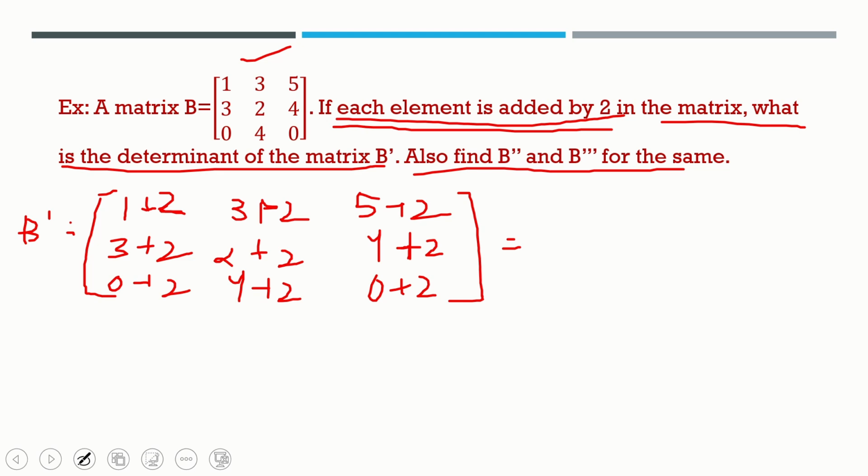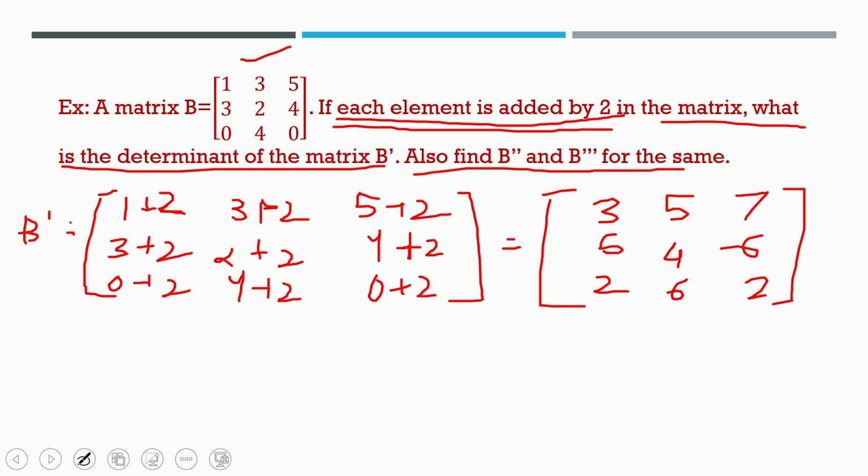In the second step I will use the formula and correlate both the answers. The new matrix is 3, 5, 7, 5, 4, 6, 2, 6, 2. Okay, so this is the new matrix P dash.